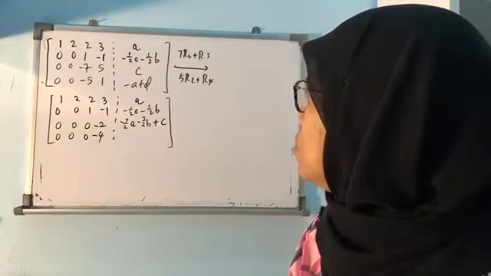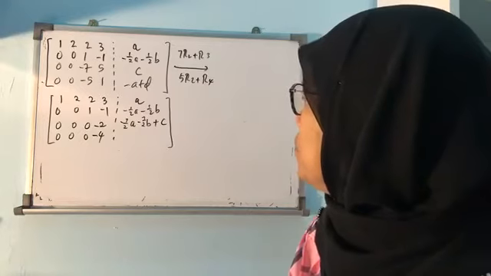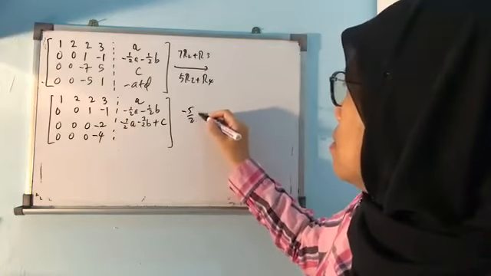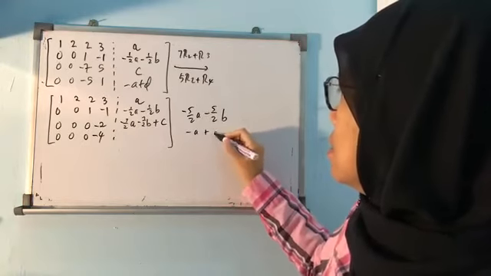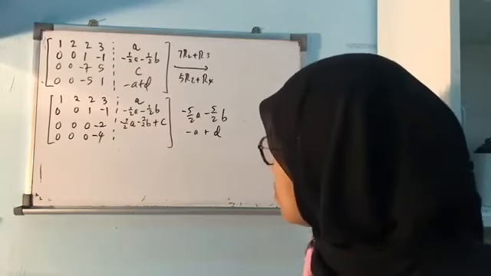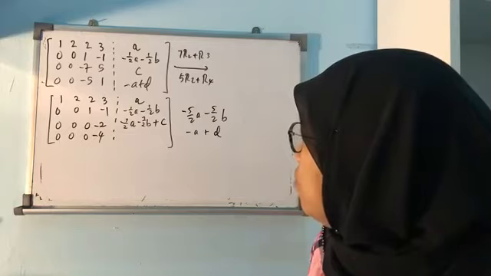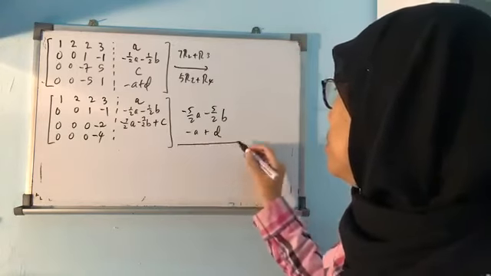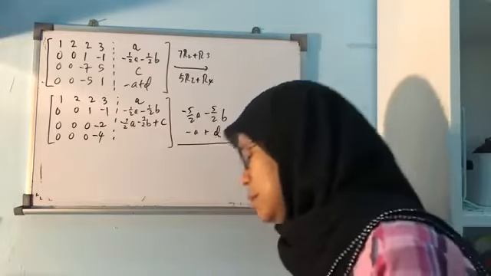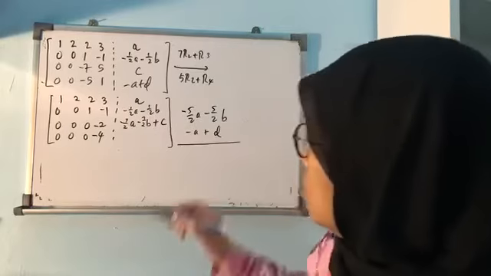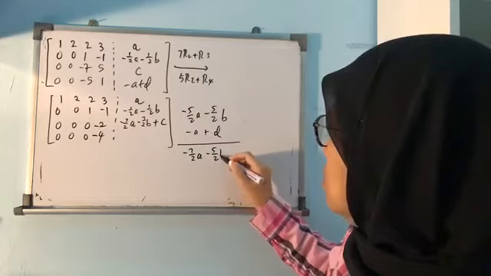Okay, 5R2 plus R4. 5R2 negative. Conteng kita conteng. Okay, 5R2 plus R4. So this is negative 5 over 2 plus negative 2 over 2, negative 7 over 2b minus 5 over 2b plus d.